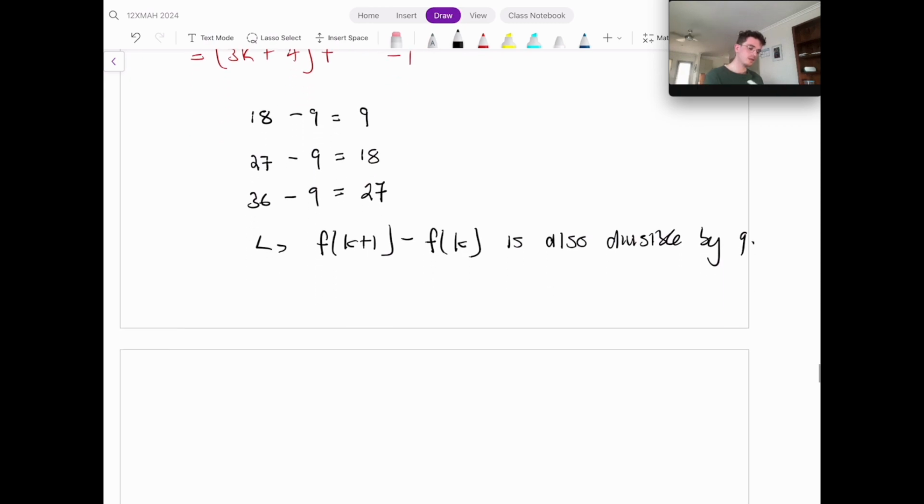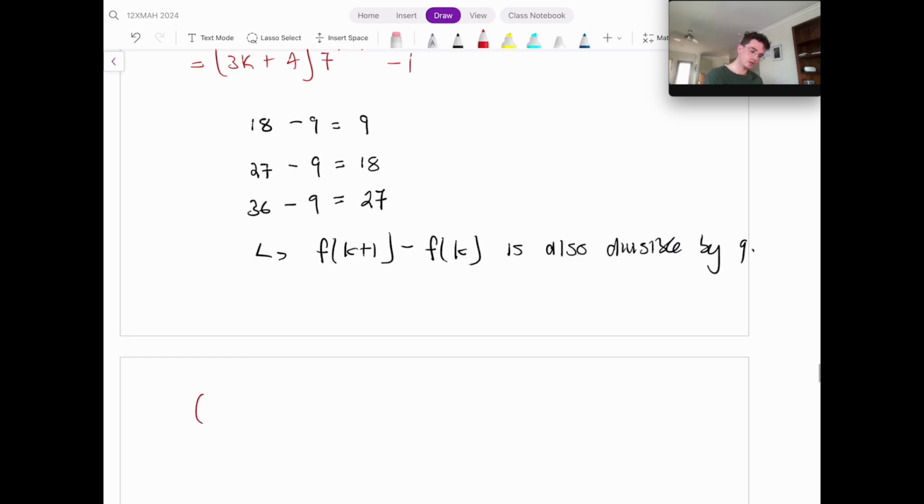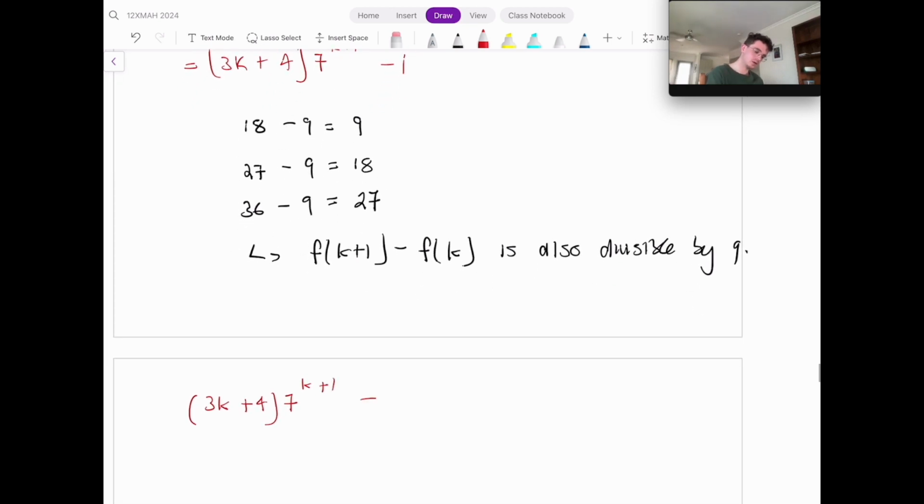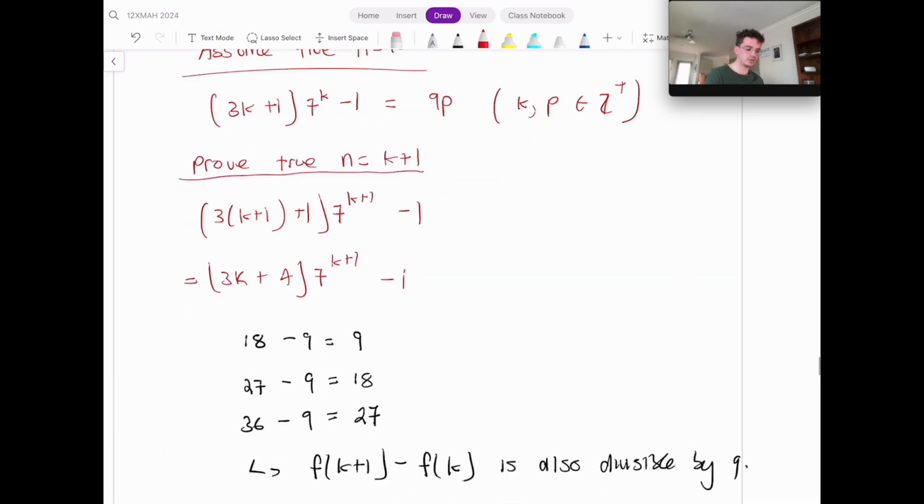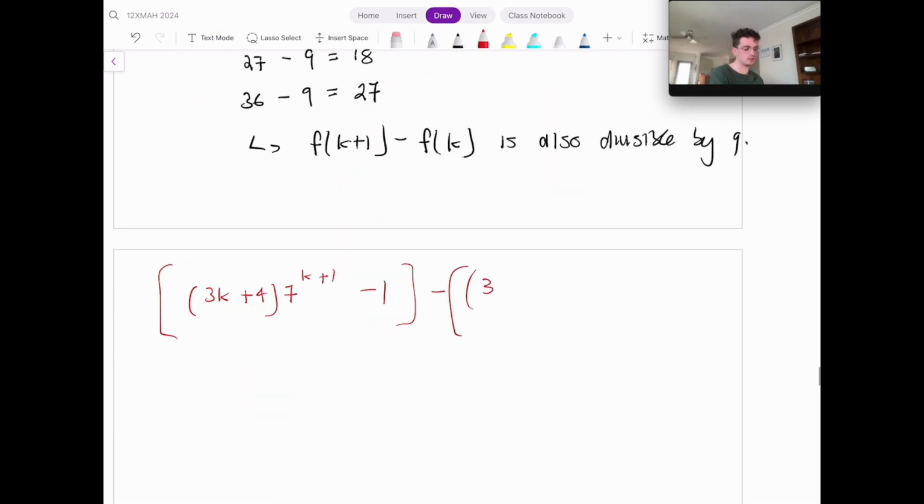So what that implies is that our expression for n equals k plus 1, minus our expression for n equals k, is going to be divisible by 9. So our expression was 3k plus 4 times 7 to the k plus 1 minus 1, and we're going to take away our expression for n equals k, which is 3k plus 1 times 7 to the k minus 1.